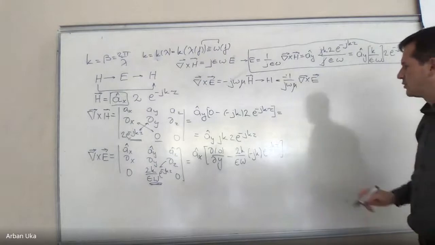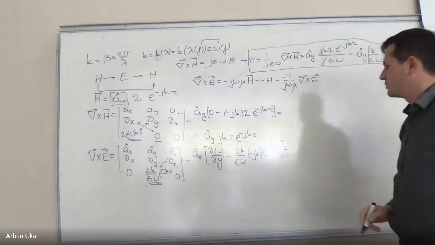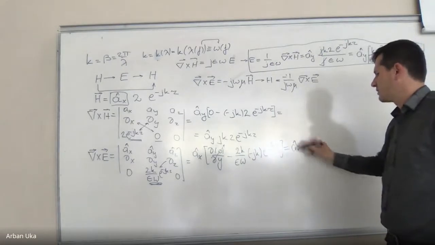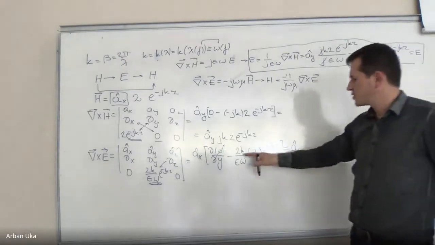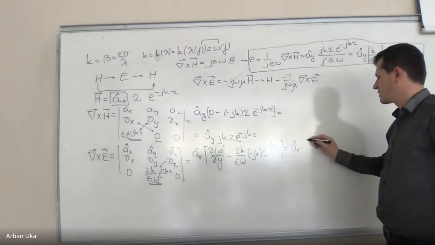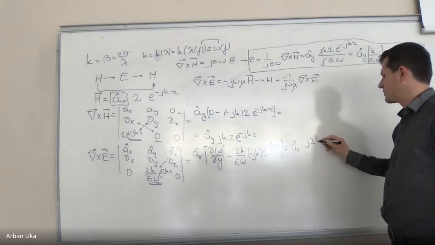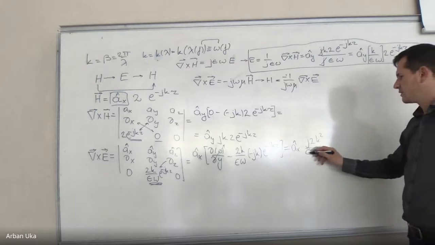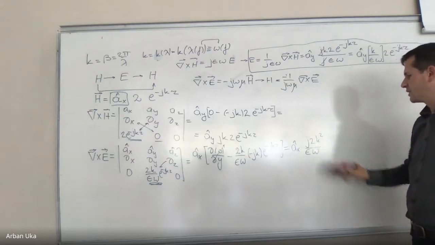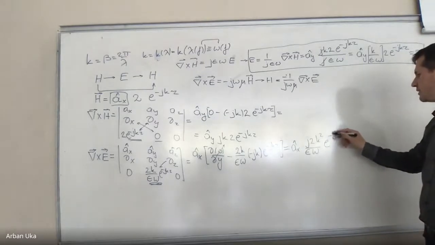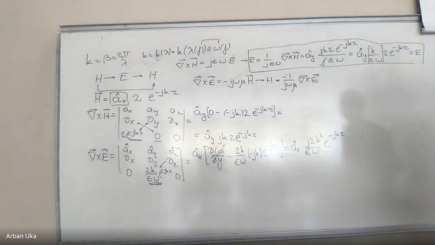This is 0. So this is going to be ax times minus j, with a minus it becomes plus. So this is going to be ax times j times 2k squared, divided by permittivity and omega, times e to the power minus jkz. Okay, so we found the curl of E.